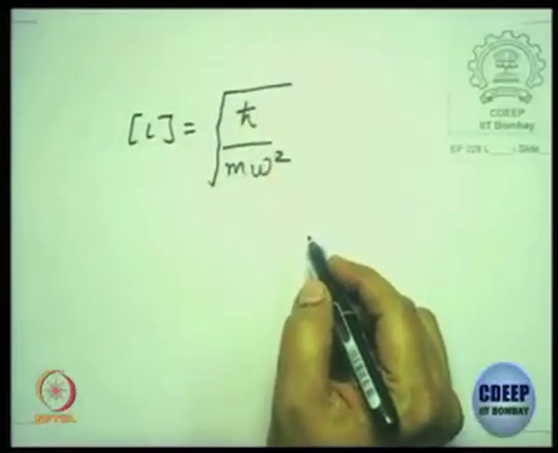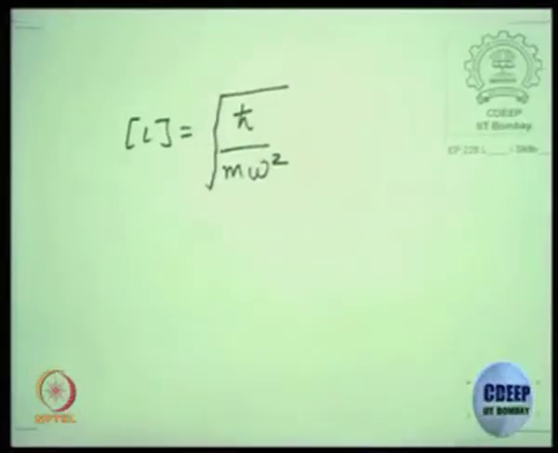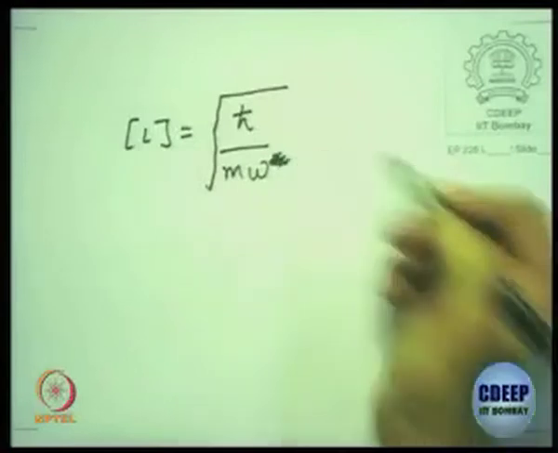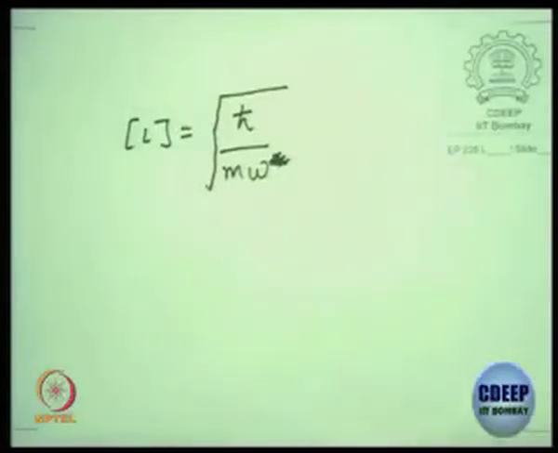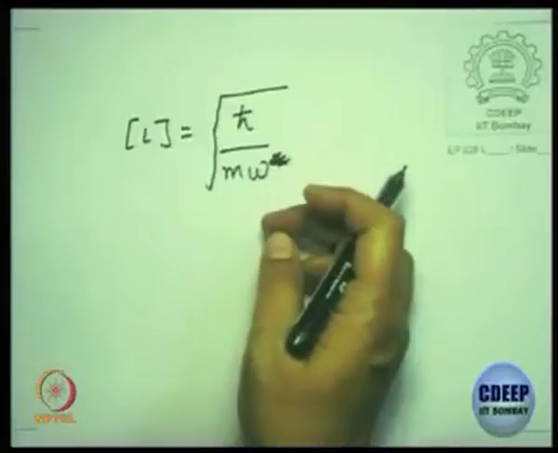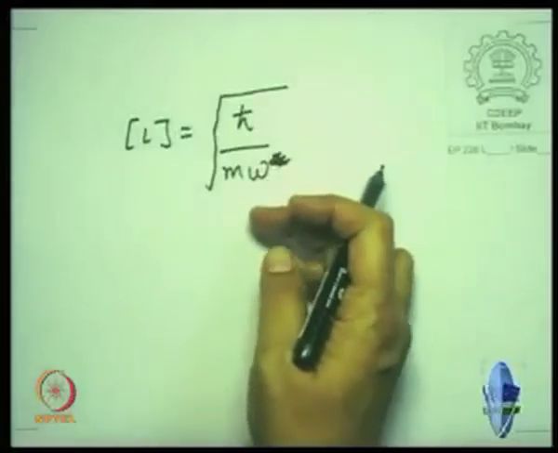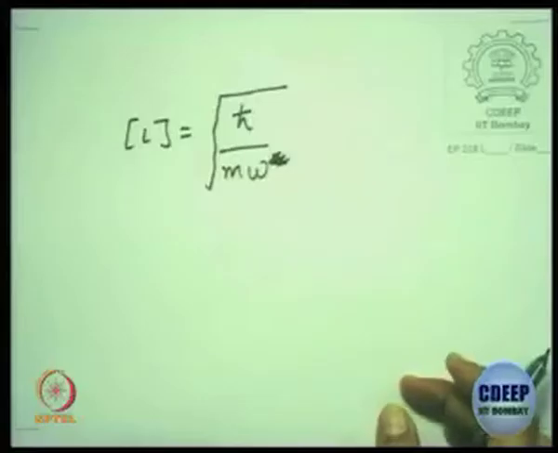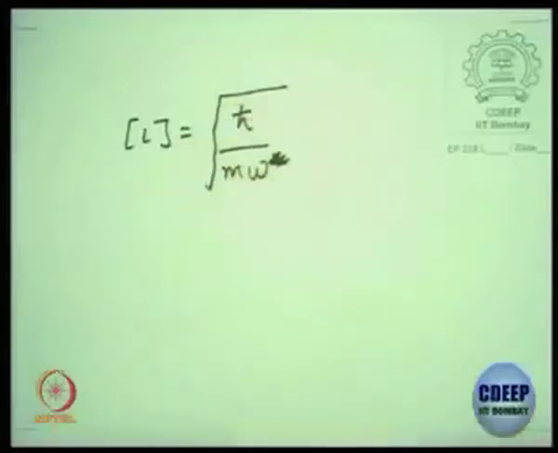Is that correct? M omega squared or m omega? If you do the dimensional analysis, h cross omega is energy, h will be energy by omega, and omega is 1 over time. Use that, m is m, and you should be able to show that the dimension of this piece is L.